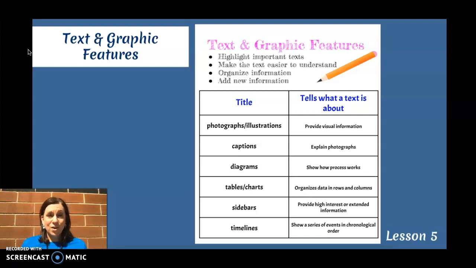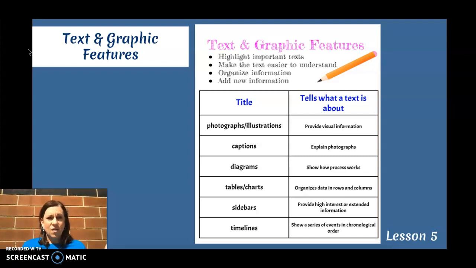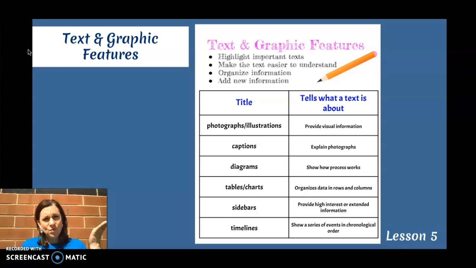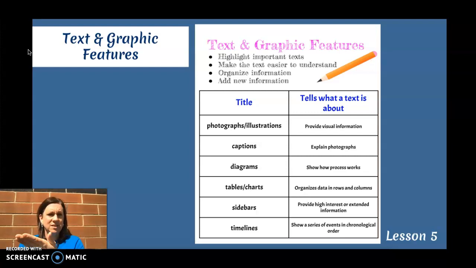Remember, chronological order is the oldest to the latest, or way back, like 1772 to 1777. Okay, I just made those up.